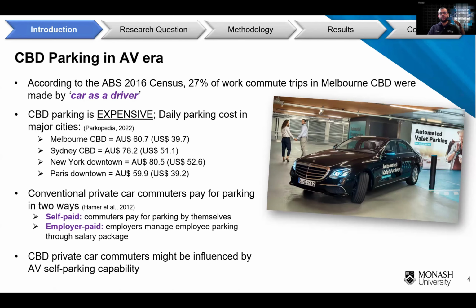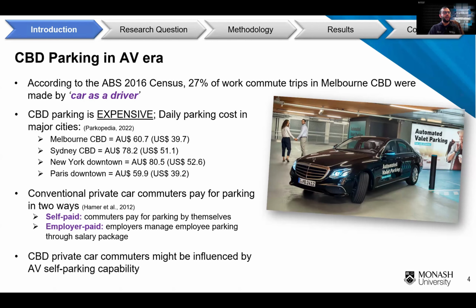During our literature review, we found that private commuters pay these car parking fees either by themselves, which we call self-paid, or their employers pay the fees on behalf of their employees through their salary package, which we term employer-paid commuters.